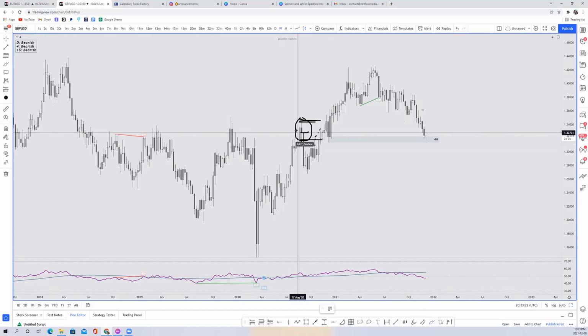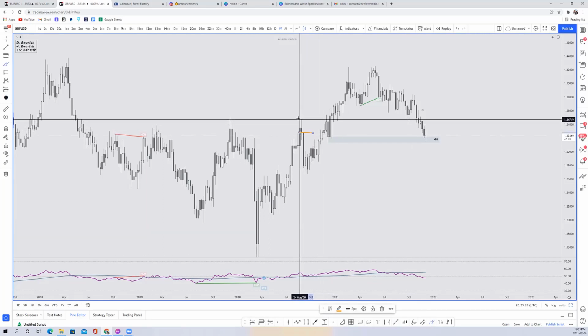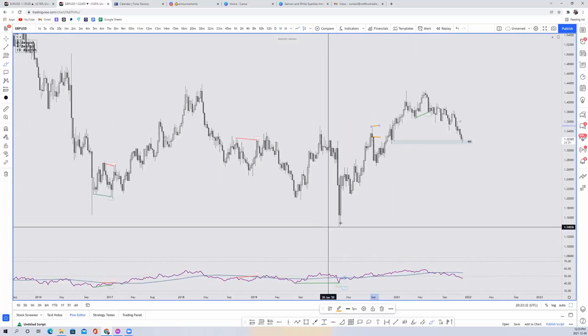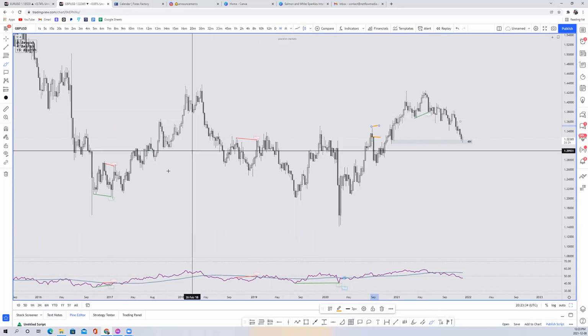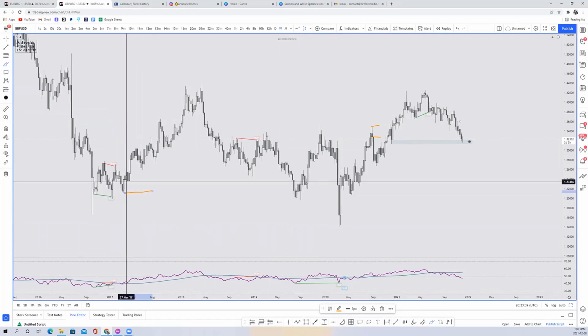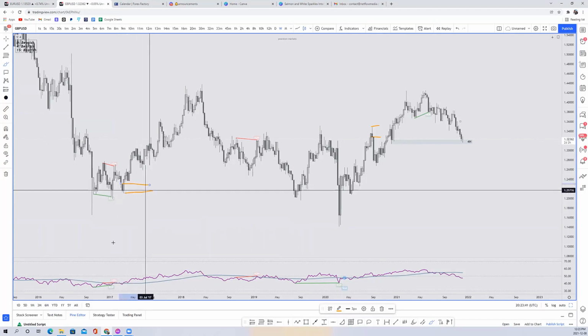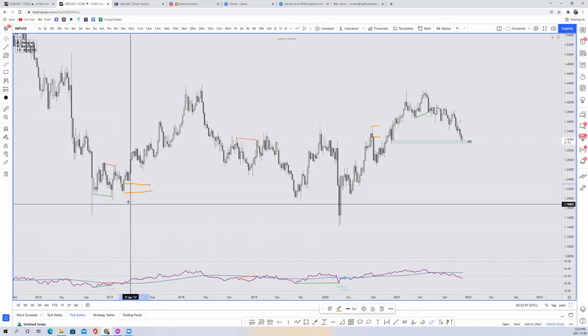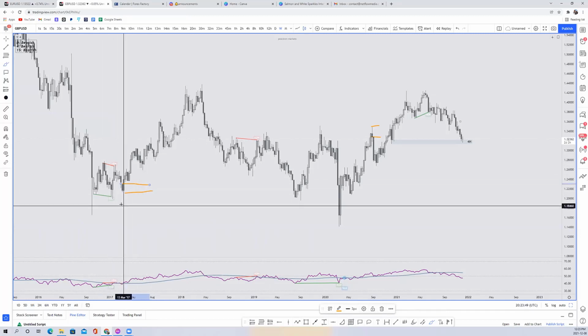On the supply side of things, I prefer to go with the body and then the wick. On the demand side of things, it's the exact opposite. On the demand, I would pull the long wick and then just the body. With that being said, you can definitely react to the wick because it'll be a supply or demand on a different time frame.